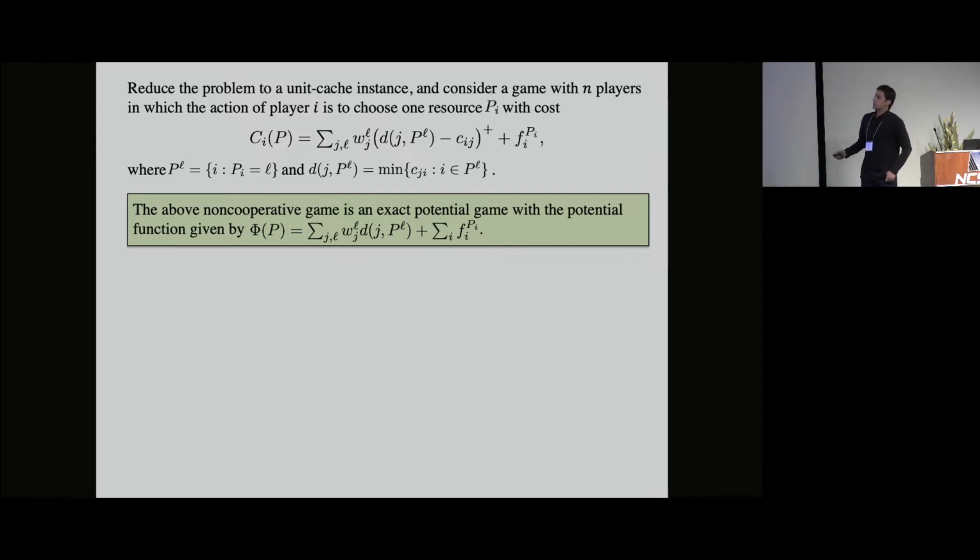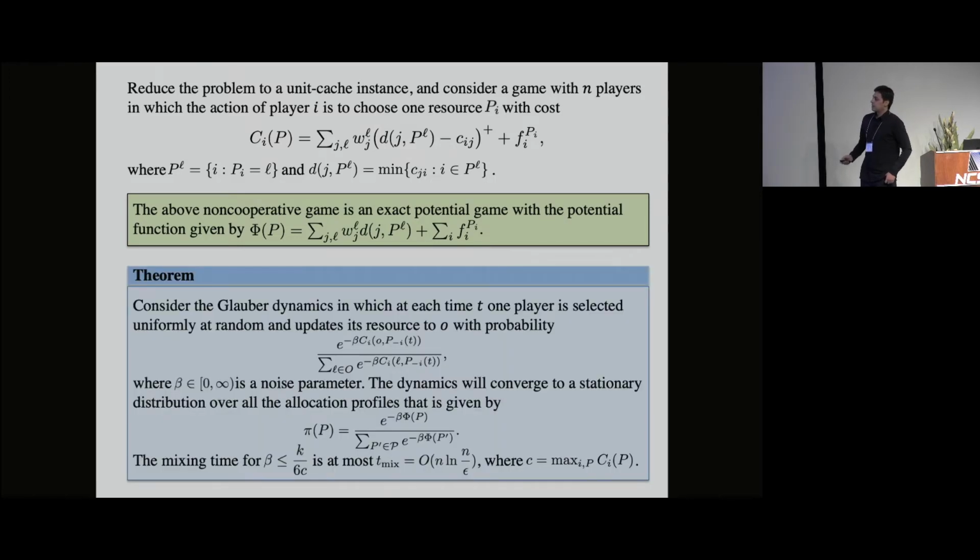Good. So that basically suggests a type of Glauber dynamics to find the Nash equilibrium here. So note that now the goal here is that we want these agents with this type of cost functions to update their resources, and we want them to converge to the best Nash equilibrium of this potential function. So this suggests this natural type of Glauber dynamics.